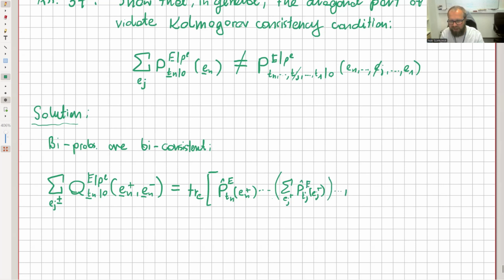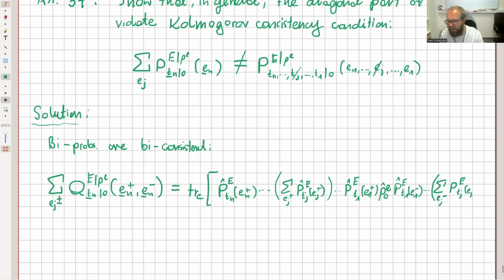Okay, and we go along. The rest is unaltered. E1 plus. The density matrix in the middle. And we have the other side, right? We start from T1, T1 minus, product, and we eventually get to the EJ minus, which we are summing over.